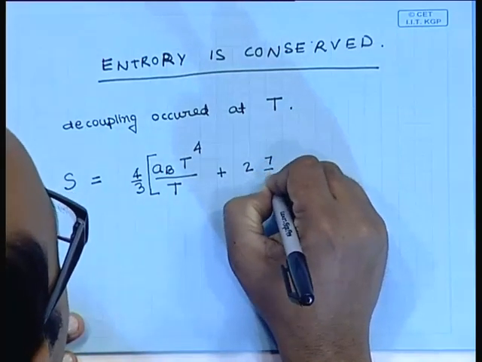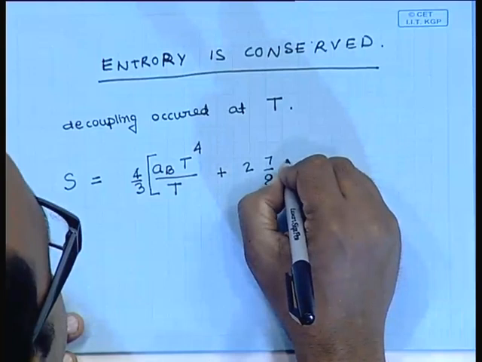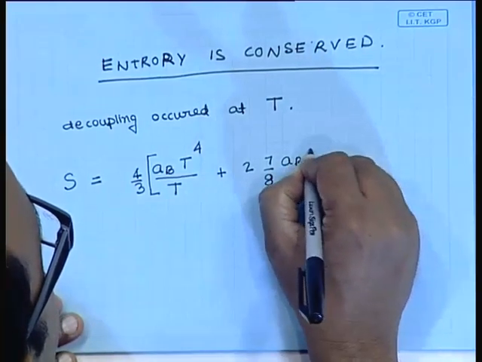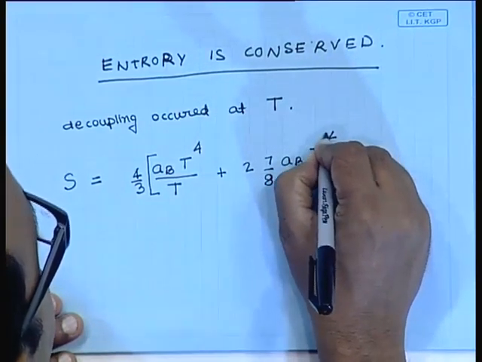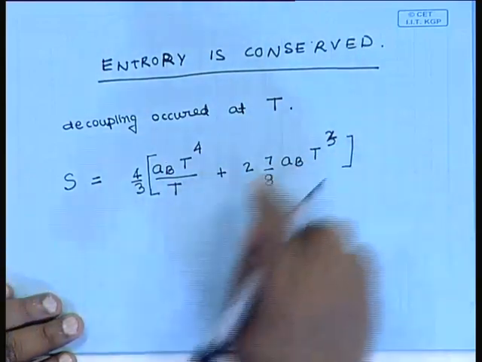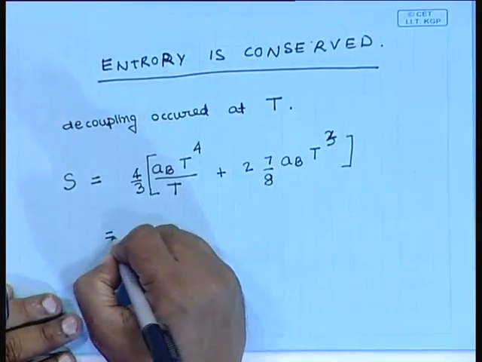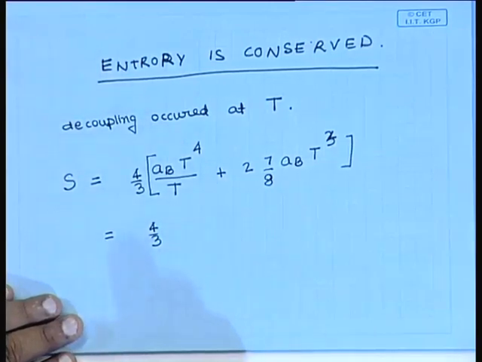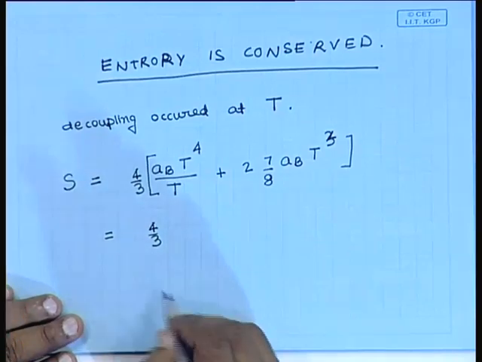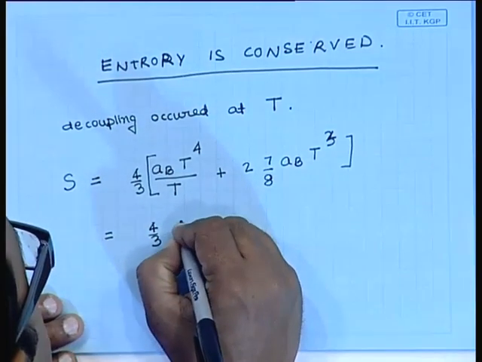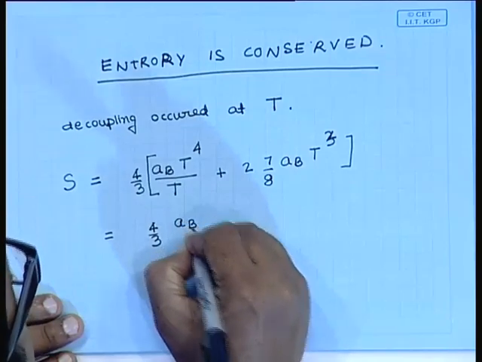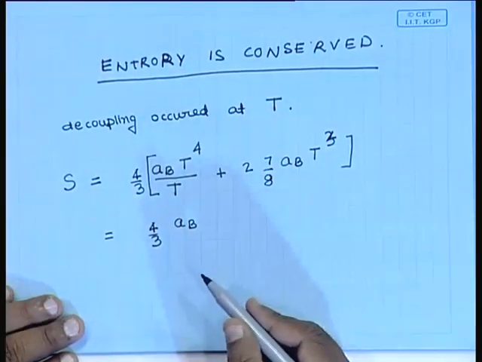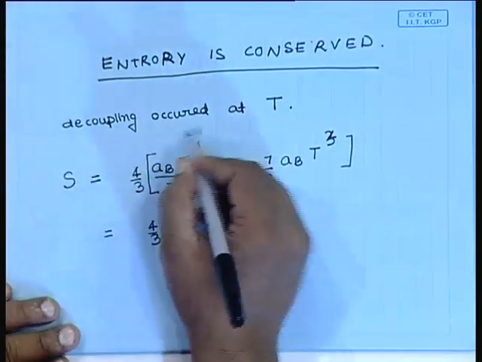So, the entropy is also going to be 7/8 AB, the Stefan Boltzmann constant, T to the power 3. Okay. I am just simplifying this. So, this comes out to be 4/3 the Stefan-Boltzmann constant.